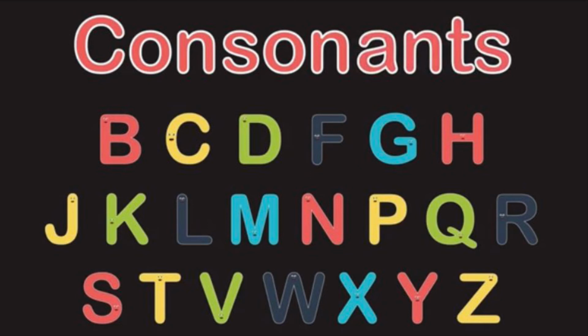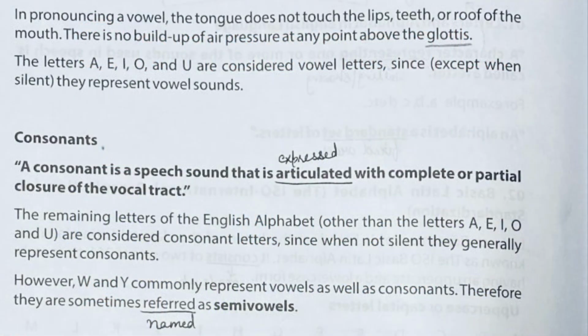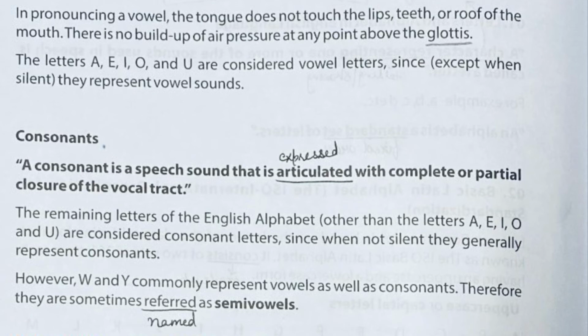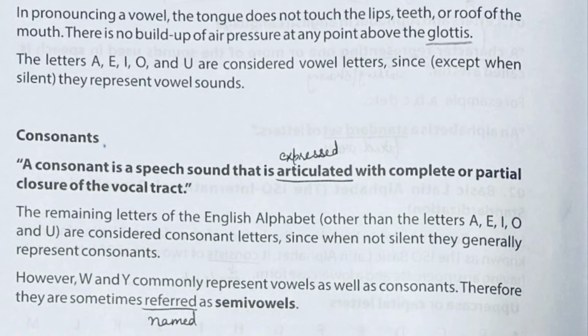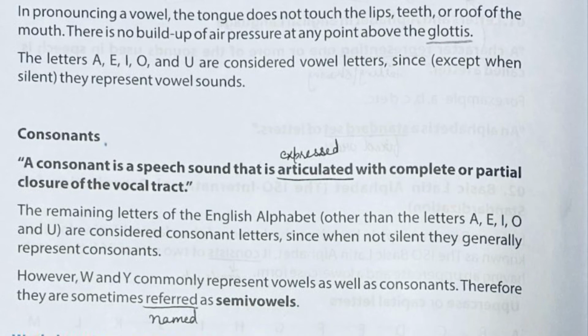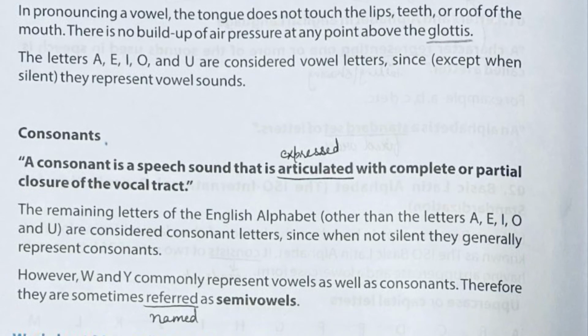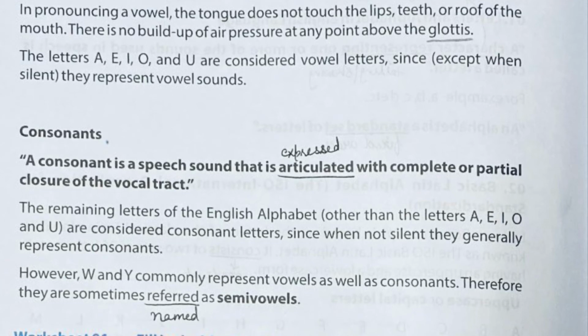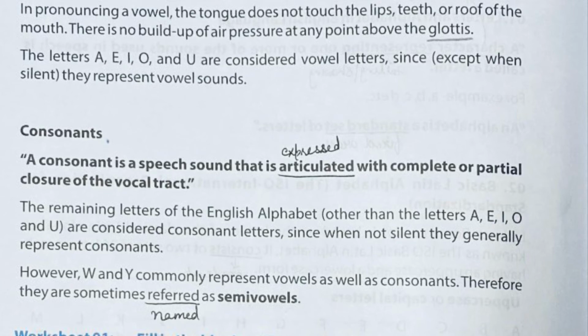The remaining letters of the English alphabet are considered consonant letters, since when not silent they generally represent consonants. For example, the word hour, spelled H-O-U-R.